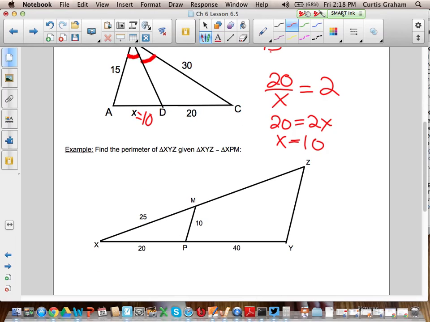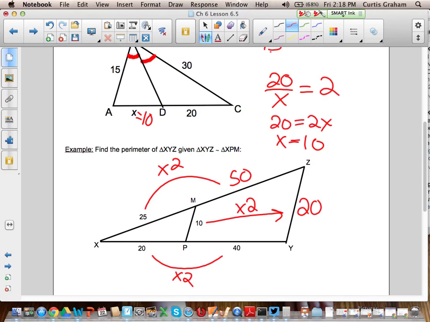20 to 40, that's times 2. You could set it up algebraically if you want, but I also know this is going to be times 2. 50. I also know that this is times 2. 20. So my perimeter is going to be, need a little bit more space.